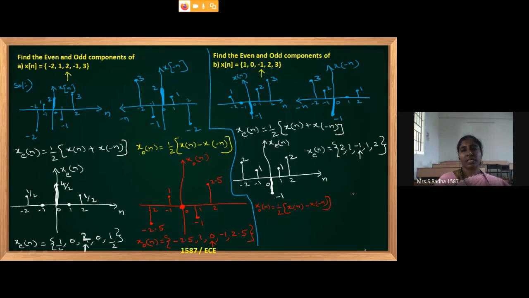Now this is the diagram I am going to draw here. X-axis, y-axis. This is the odd component x odd of n. This is the origin, plus 1, 2, left side minus 1, minus 2.